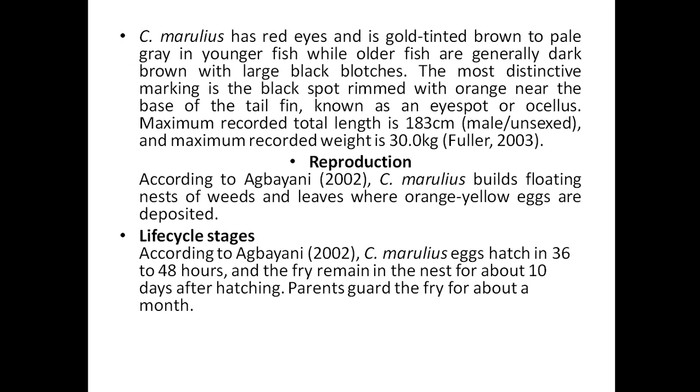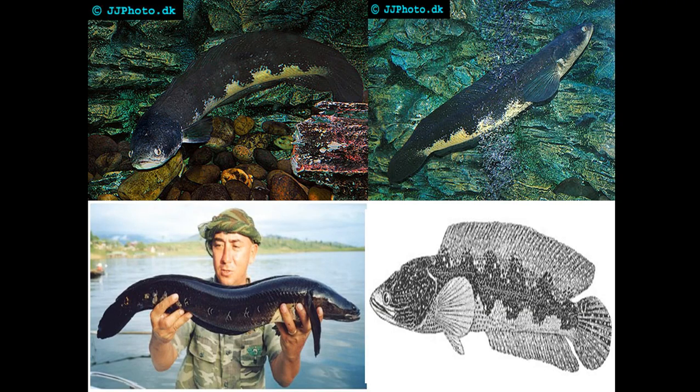These eggs hatch in 36 to 48 hours and the young fry remain in the nest for about 10 days after hatching. The parents guard the fry for about a month from the predators. See, this is the Channa fish.